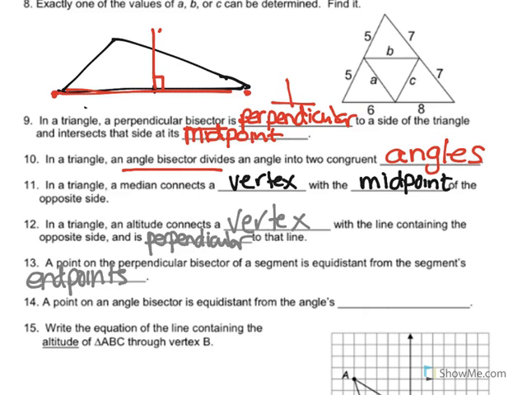Okay, a point on an angle bisector is equidistant from the angle's what? From its sides. Remember, if we did an angle bisector, we know if we go to the perpendicular like that, it's going to be equidistant to the sides.